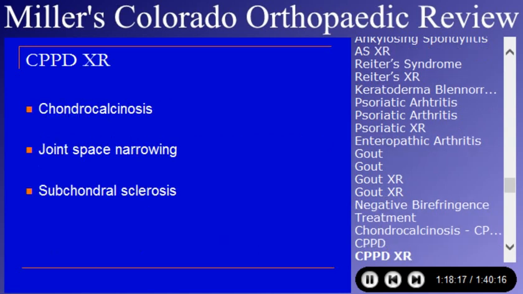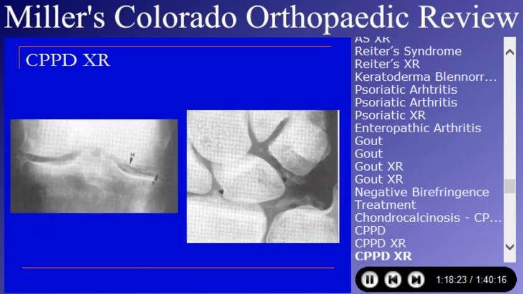The X-ray shows chondrocalcinosis, joint space narrowing, and subchondral sclerosis, so the classic X-ray that you've all seen is calcification within the menisci of the knee, or commonly within the triangular fibrocartilage of the wrist.